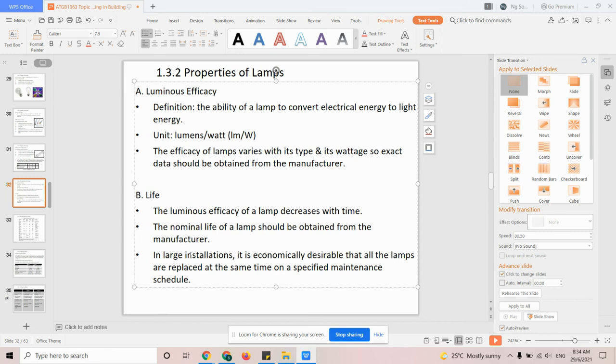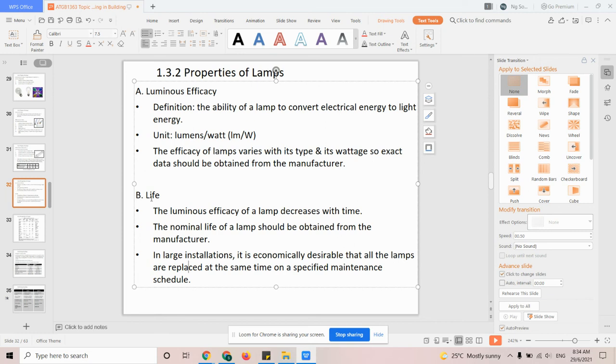So when you have a large scale installation, let's say for example a commercial building like a shopping mall, there's actually a lot of lighting that needs to be installed in the building. So you want to choose a light source which has a very long lifespan as opposed to a short lifespan.